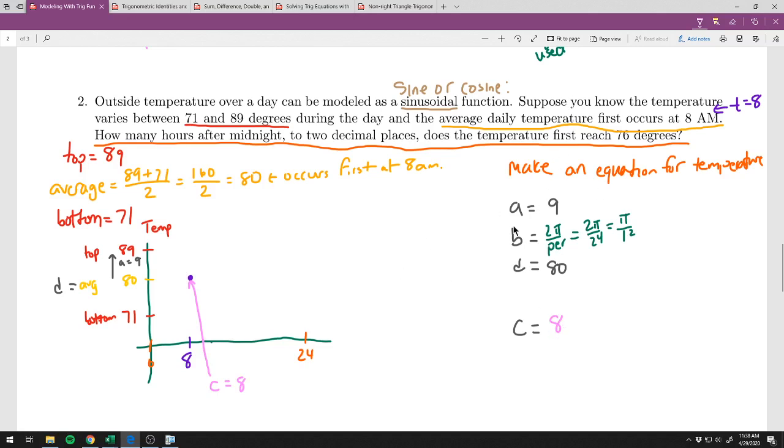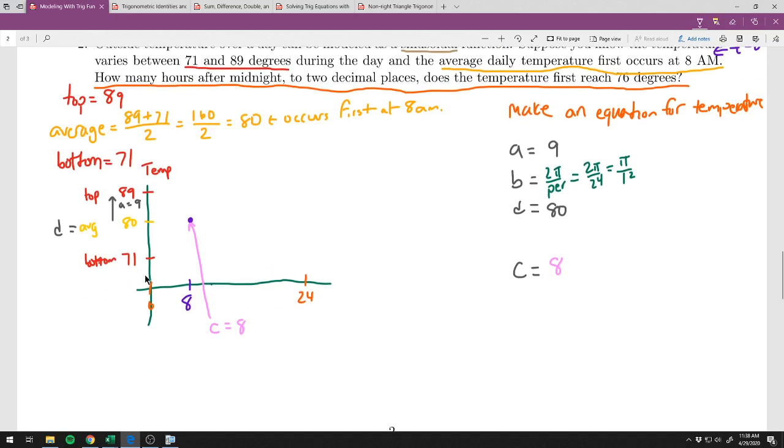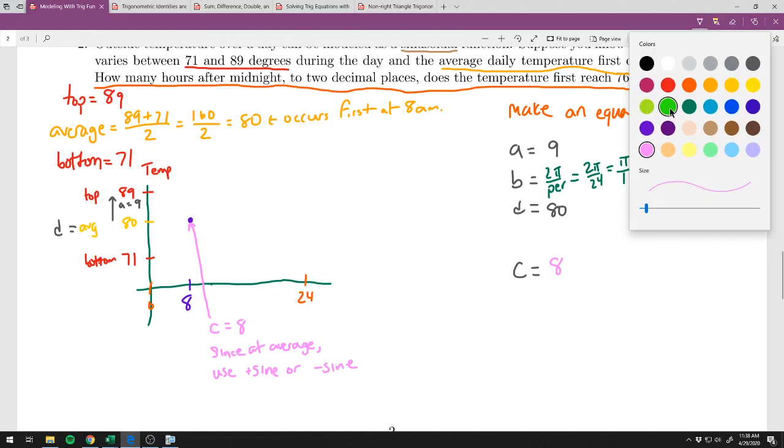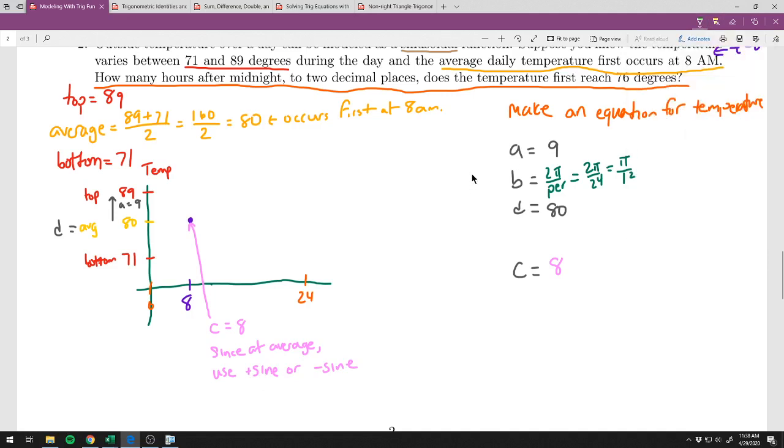Now, since it's at the average, we're either using sine or negative sine, because that's what we use the average for. The top is cosine, the bottom is negative cosine. The average is sine or negative sine. Now this is one of the things where you have to use a little bit of intuition.